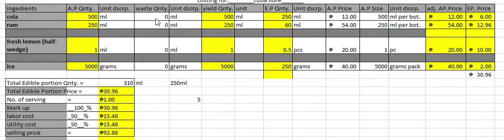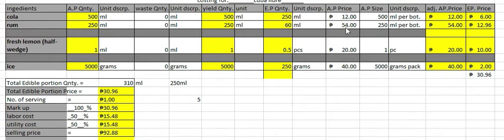Then yield quantity, after your AP is deducted with your waste, and then the edible portion quantity, unit description. Edible portion is the only quantity you need for your recipe.